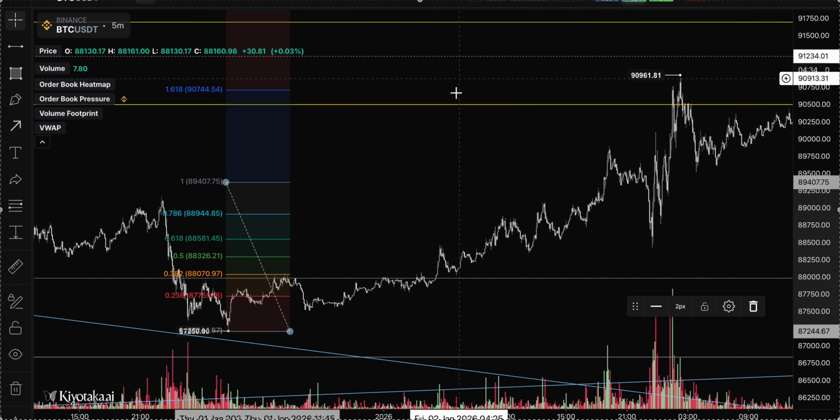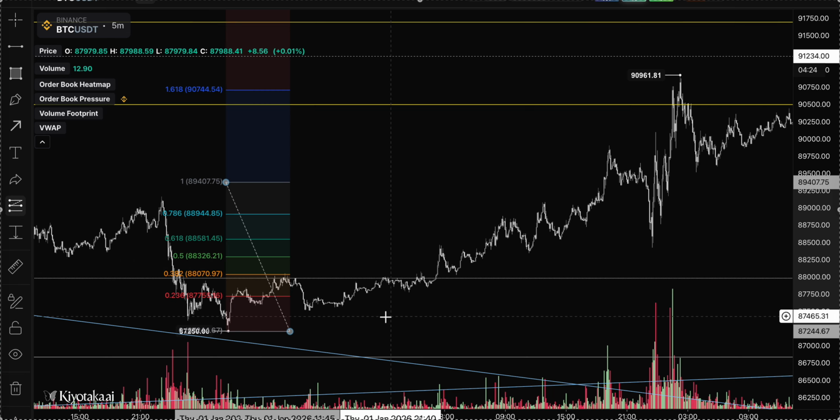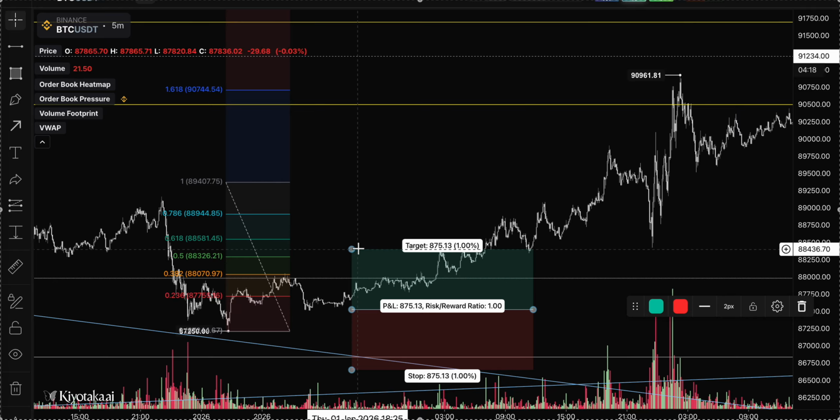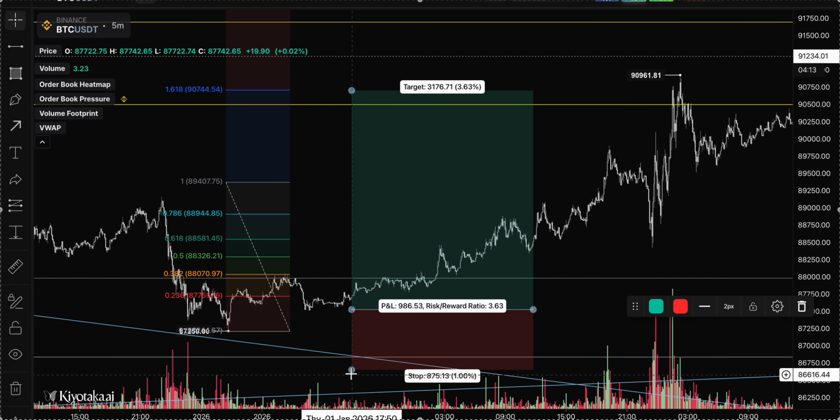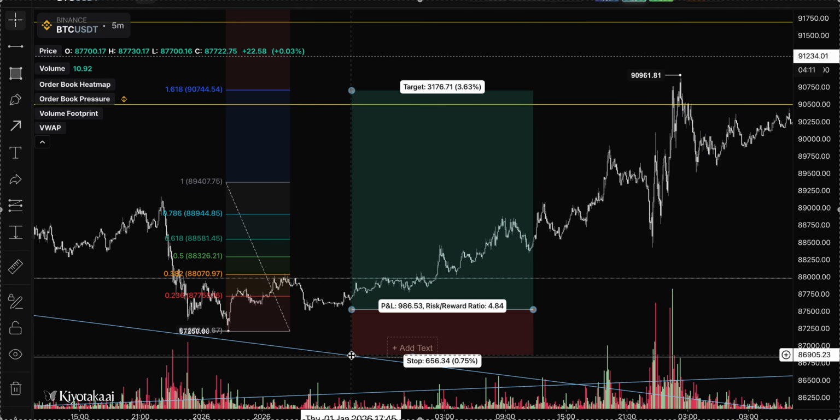Okay, the rest is just something more, but you know, if you just let it run here, like let's say we didn't get the perfect entry, so let's say we long a little bit above, just trade in the Fibonacci, and the stop probably here.